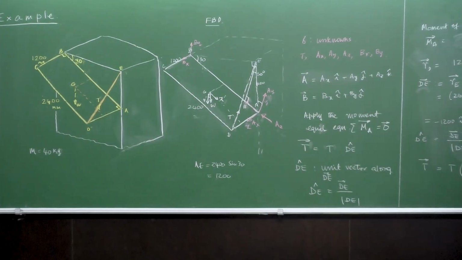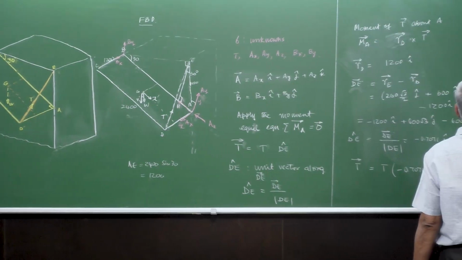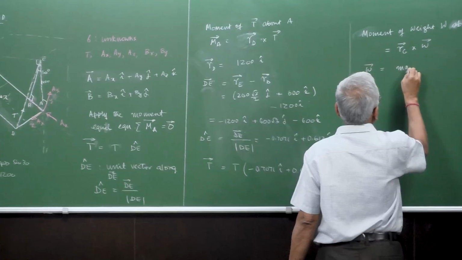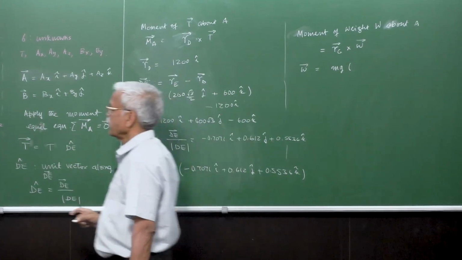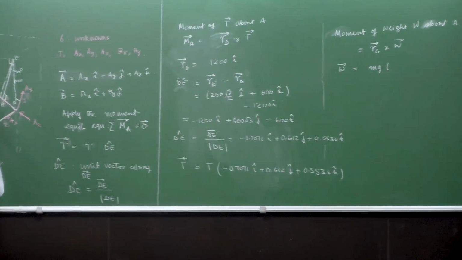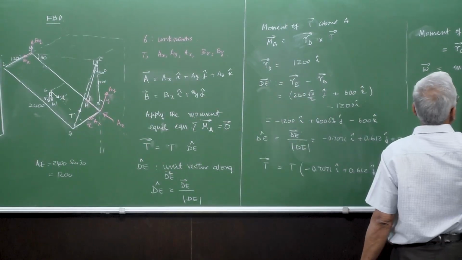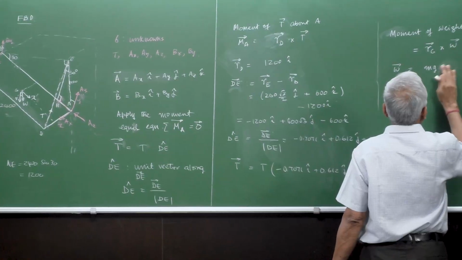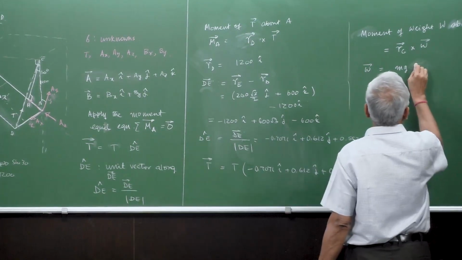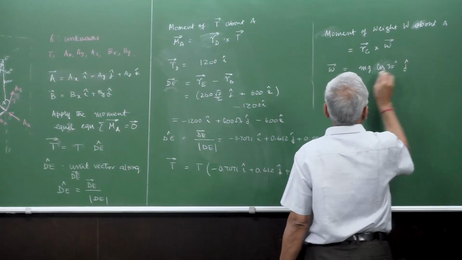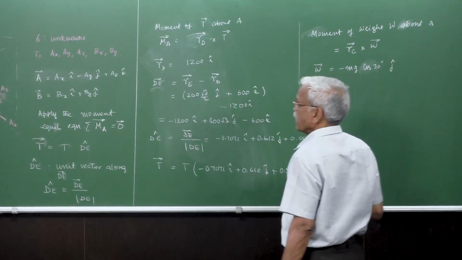So if you look at this one, it is actually mg, and it is in the direction where y is up there, so it is actually minus j, mg times cos 30 j, right?